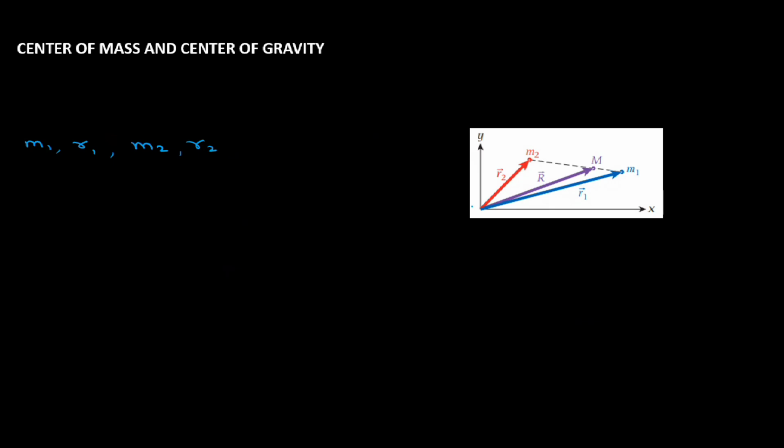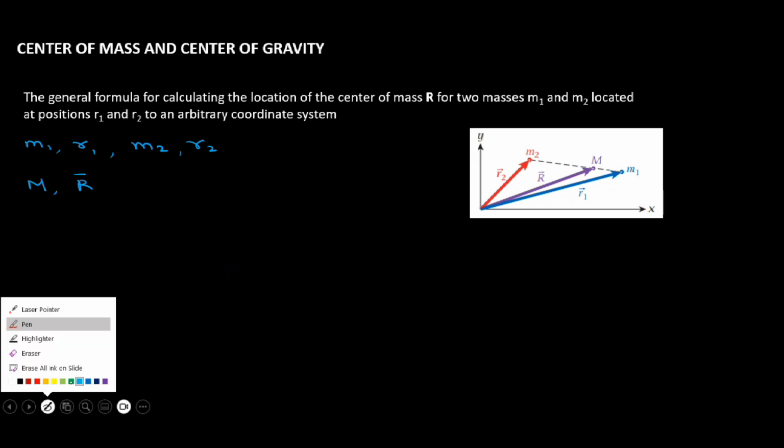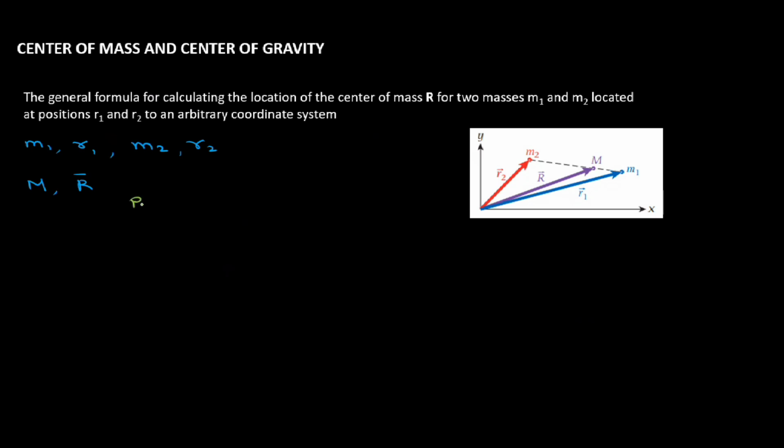How do we find the position of center of mass, which has a combined mass capital M? How do we find its position vector R? The center of mass for a two-body system is given by the rule R equals r1 m1 plus r2 m2 over m1 plus m2.